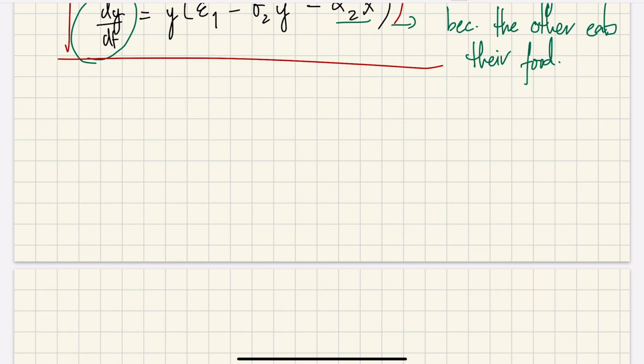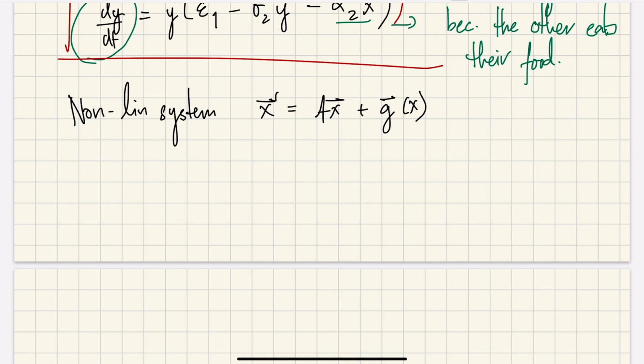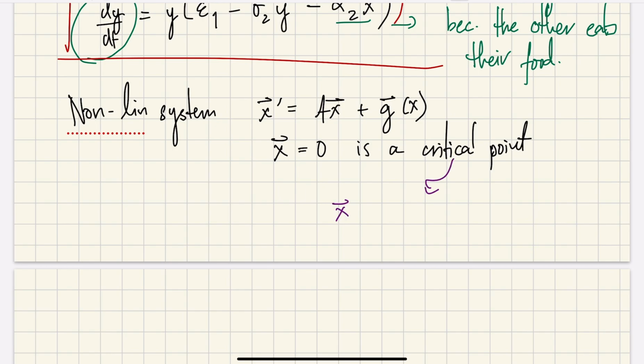Suppose we have a nonlinear system and that x0 is a critical point of the system. Recall that a critical point means that the derivatives at zero are zero.